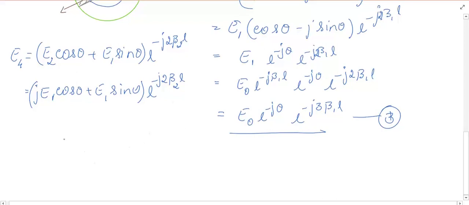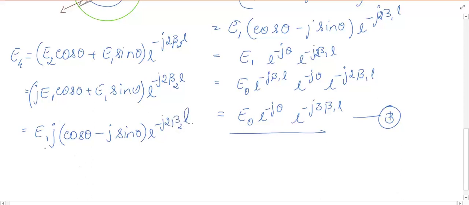I'll take E1 outside. This is not in a standard form. The standard form is cos theta plus or minus j sin theta, right? Here j is multiplied with cos, so I will take j also outside. If I take j outside, it is cos theta minus j sin theta, e to the power minus j 2 beta 2L.